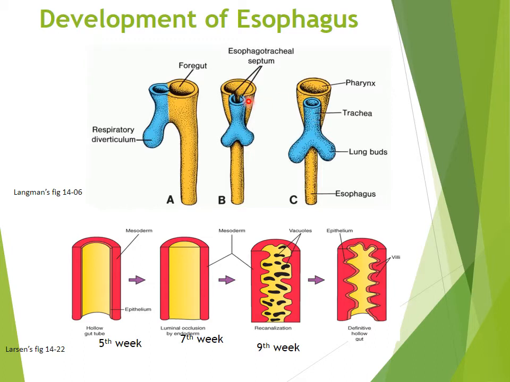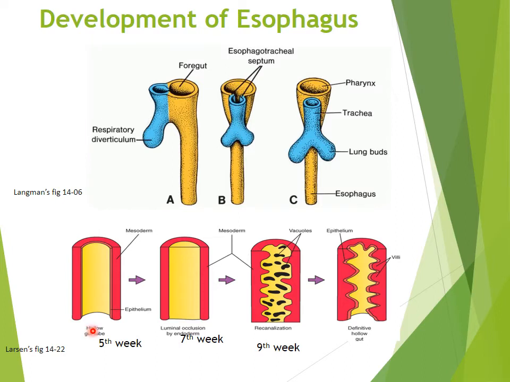So the esophagotracheal or tracheoesophageal folds arise, then grow and meet in the midline, making the tracheoesophageal septum and dividing the tube into the ventral trachea, the respiratory tube, and the dorsal gut tube.